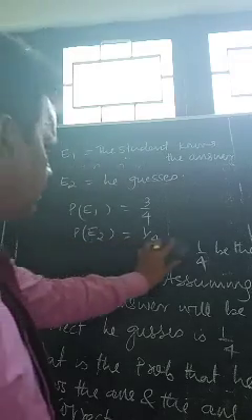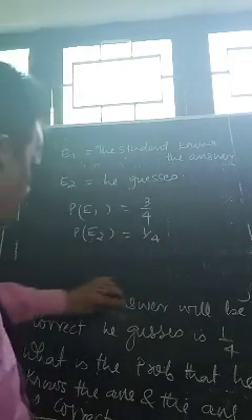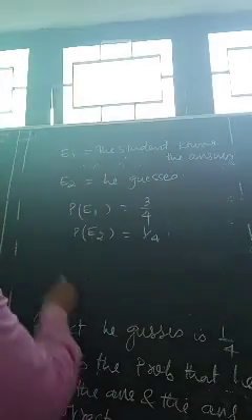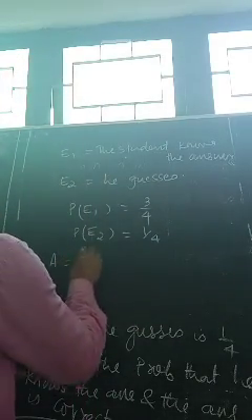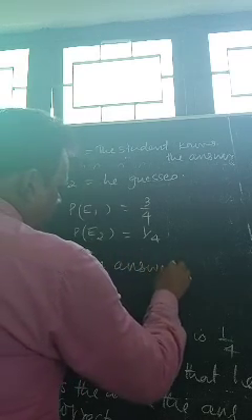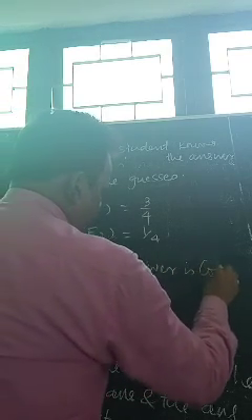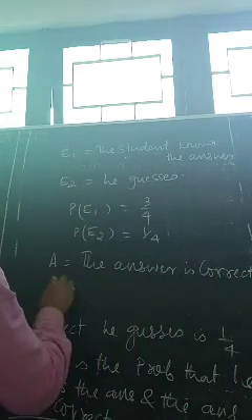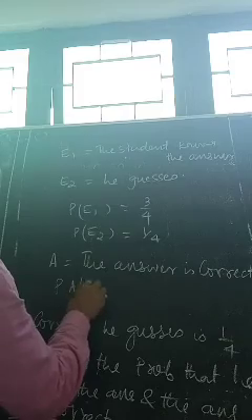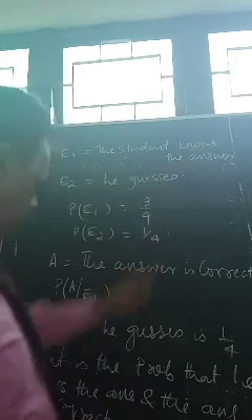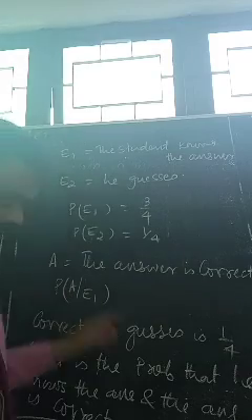Okay. Now the answer is correct. A stands for the answer is correct. That means what is probability A of E1? The student knows the answer and it is correct.